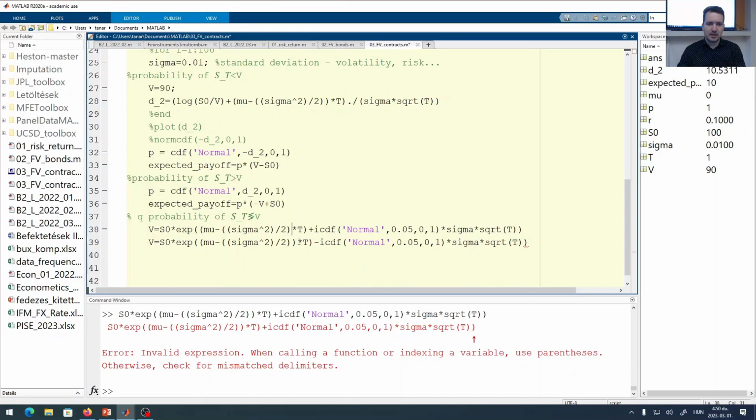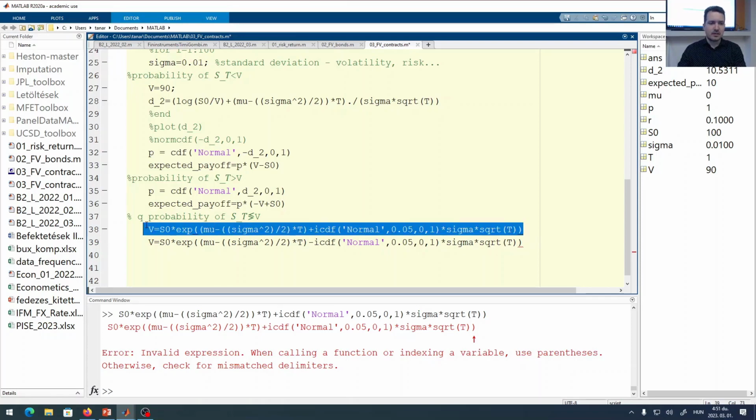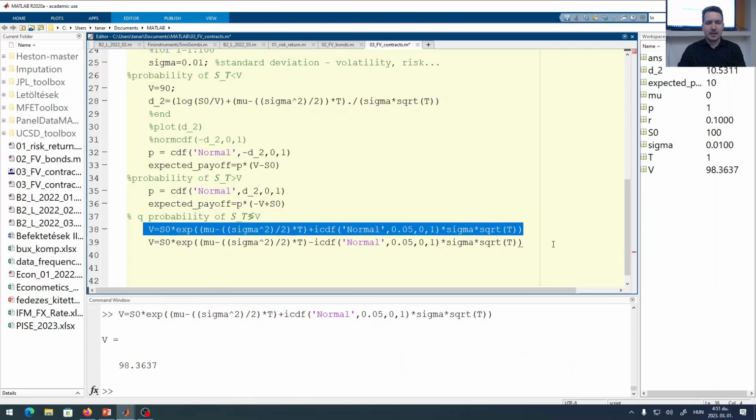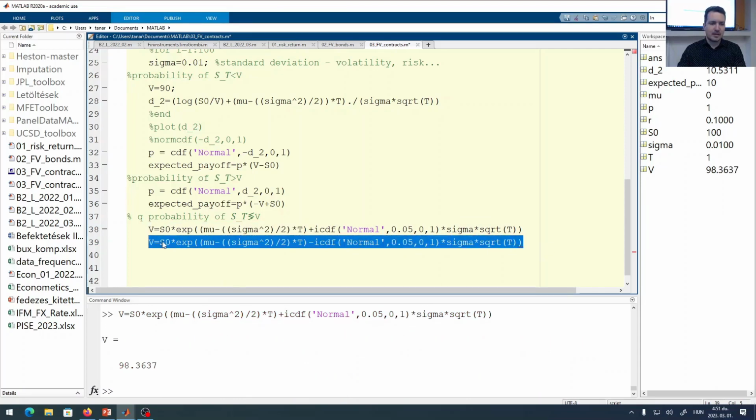Yeah, this bracket is excessive. Okay, this one is now closed. And this one is supposed to close somewhere. Yeah, okay, now it's closed here. Let's try again.